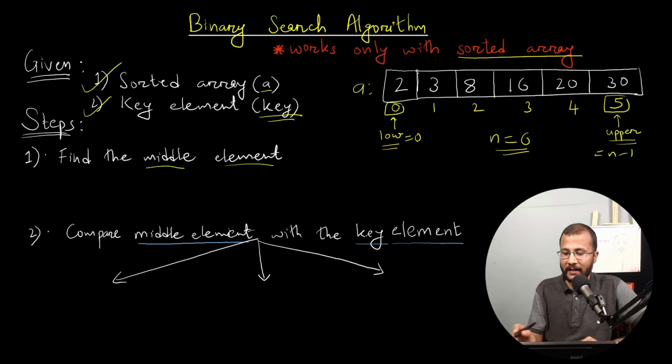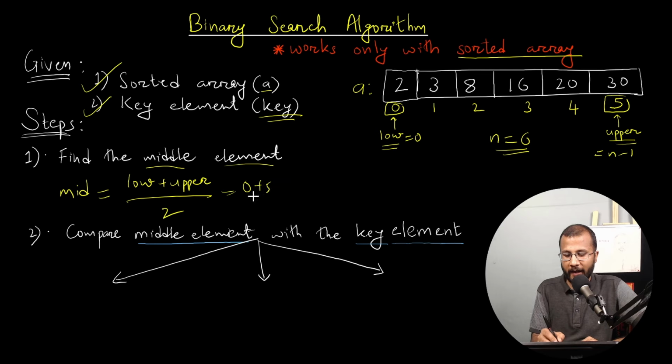If these two indexes are given, how do you find the middle index? The middle index is called mid. The middle index is nothing but the low index plus the upper index, the high index, divided by 2. I'm trying to find the midpoint of these two numbers. So it is 0 plus 5 by 2, that is 5 by 2, which is 2.